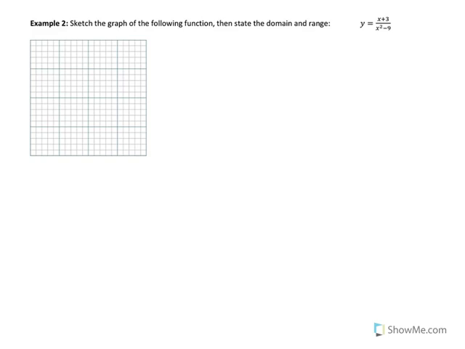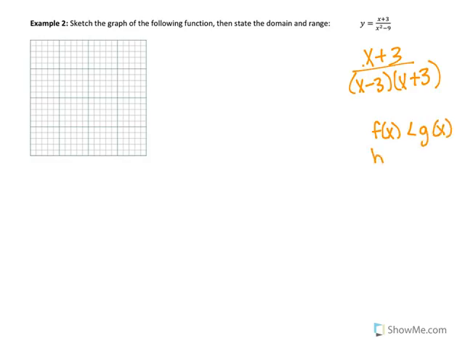Okay, so let's start by factoring. The top can't be factored, but we can factor the bottom to be x minus 3, x plus 3. Okay, so f of x is less than g of x, which means we have a horizontal asymptote at y equals 0.